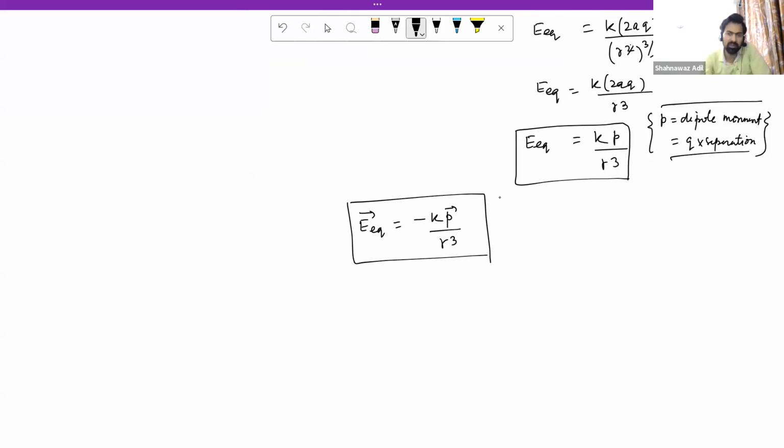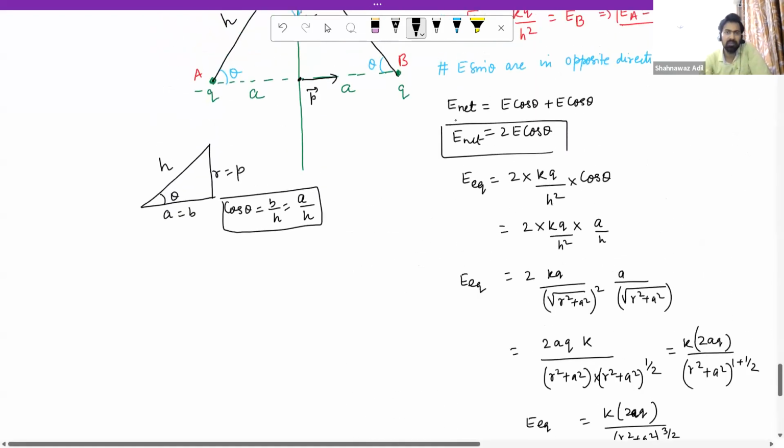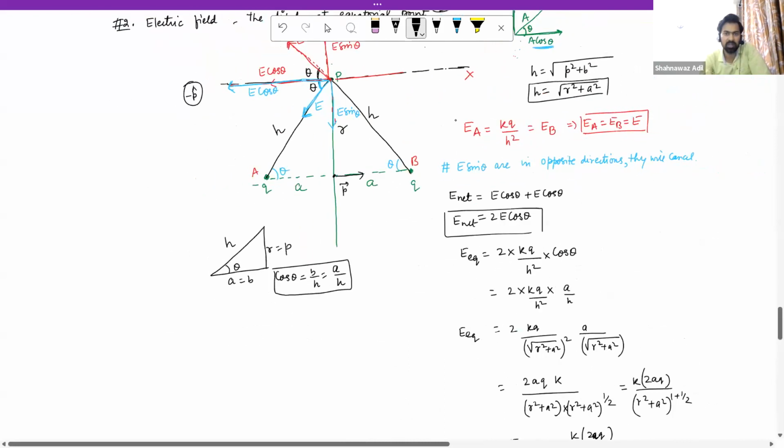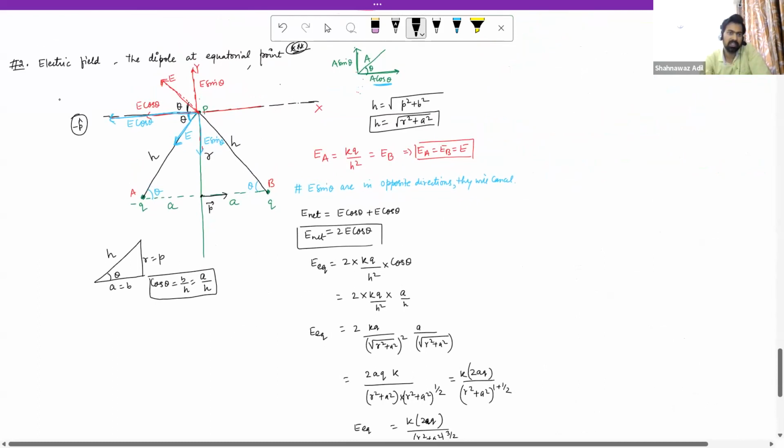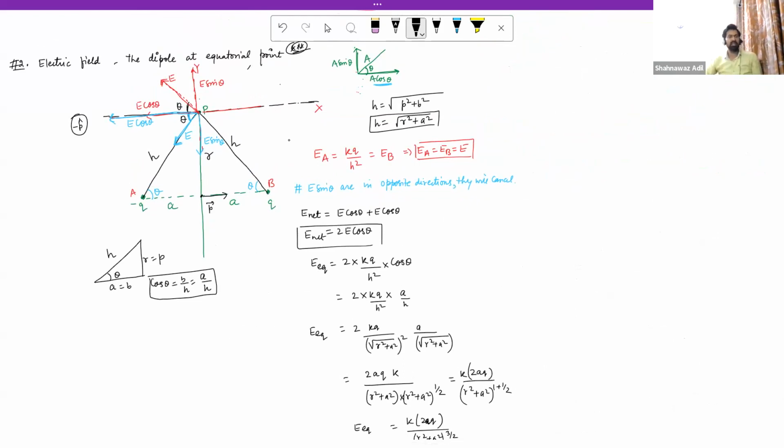So please note it down. And if you have any ounce of doubt in this one, please tell me. This is the electric field of the dipole at equatorial point. This diagram is important. If you understand this diagram, then rest of the calculation will become easy, right? If you have any doubt, or if you want me to repeat this thing, I will repeat it again, because the derivation of electric dipole is very important.